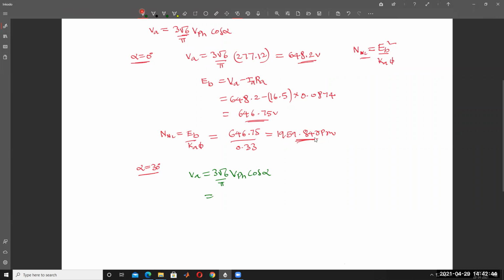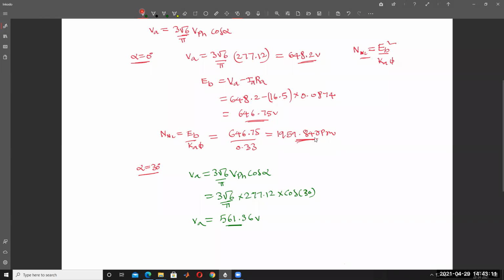The phase voltage is 277.12 into cos 30 degrees. Same procedure. I got 561.36 volts. Verify whether this is the same or not.